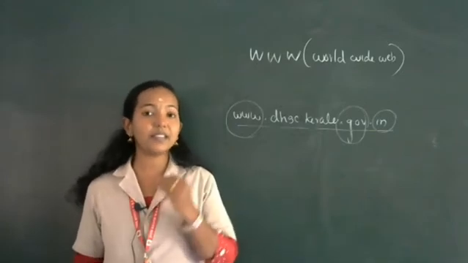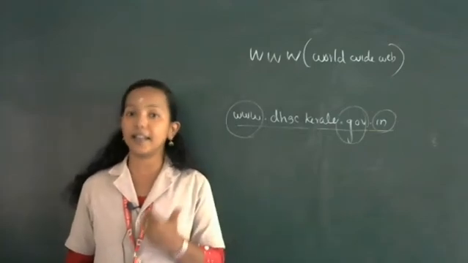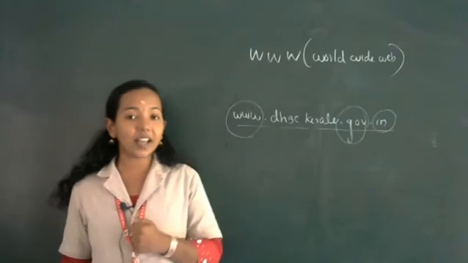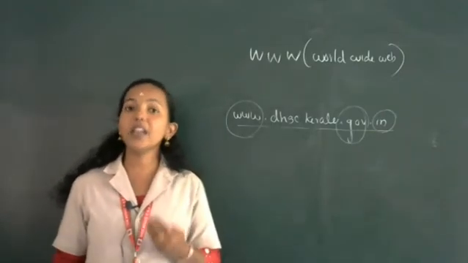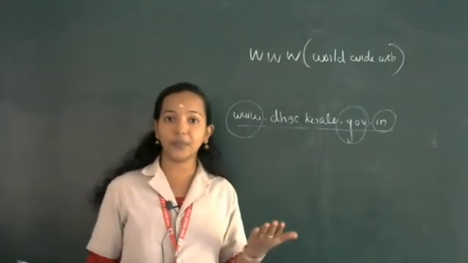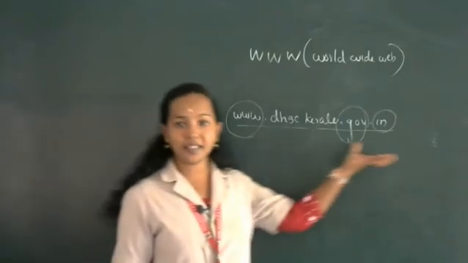Suppose we are accessing a web page, we all are known as clients. The client interacts with the server for accessing some information. When we access information from the server, we have to give a request, and that request is known as URL.